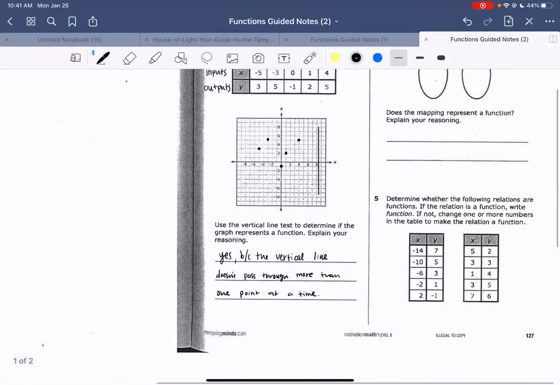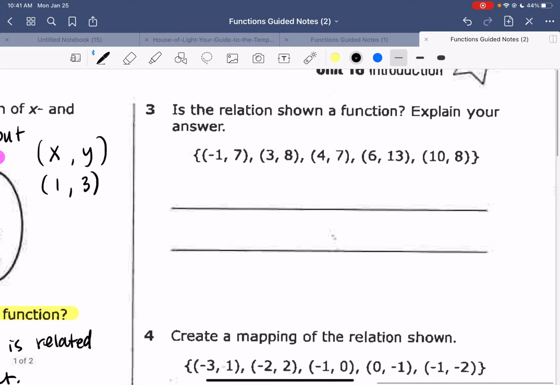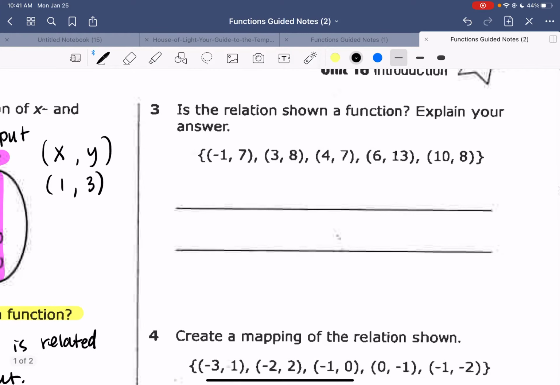Okay, let's go up to number 3. So here we have a relationship shown. We're asking if it is a function, so we need to explain our answer. So we need to check if we have the same amount of inputs and outputs.